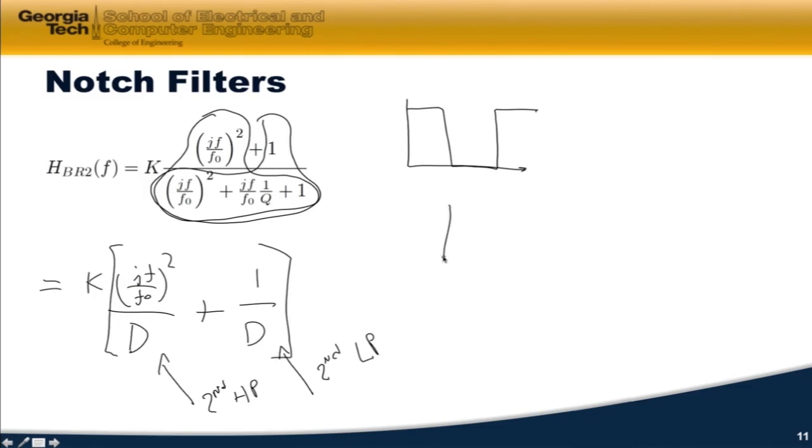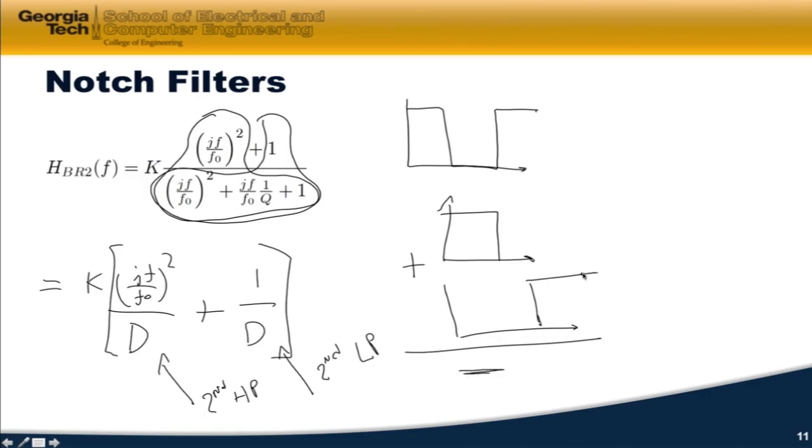And you can see that if we look at the Bode magnitude plots of an ideal high-pass and low-pass filter. So here is an ideal low-pass filter. Here is an ideal high-pass filter. Let's add these two transfer functions together. In this region here, we have 1 plus 0 is equal to 1.